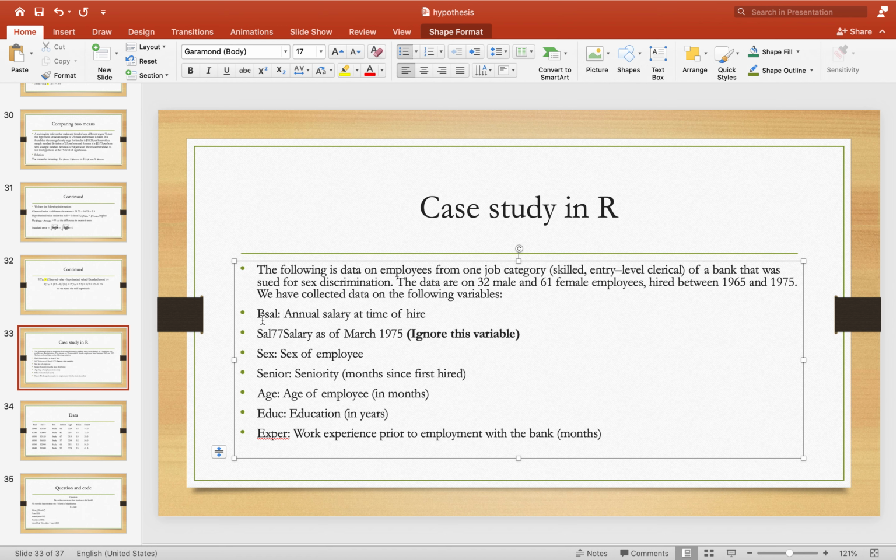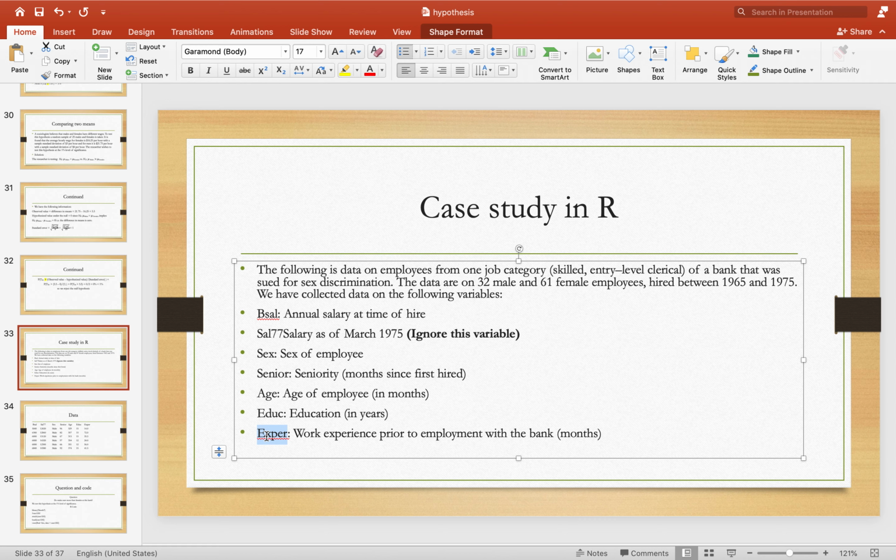That's the starting salary. This salary 77, I'm going to ignore that. Okay. Then I have the gender or sex of the employee. I have the seniority in months since first hired of the employee, the age of the employee, the education, and the experience. For now, all we're going to do is compare starting salaries of men versus women.